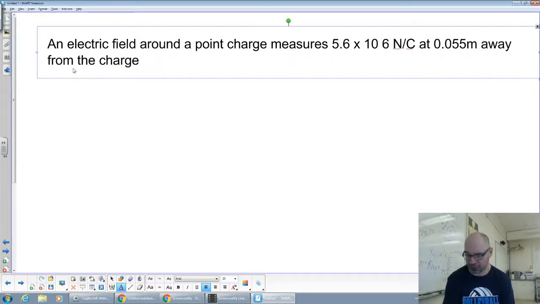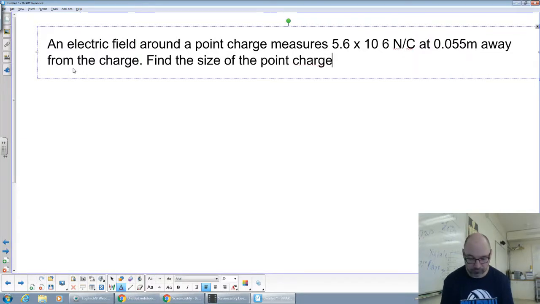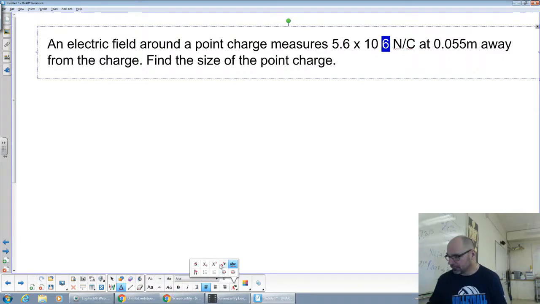And we want the size of the point charge. Okay, so in this case, we should put this as an exponent here.